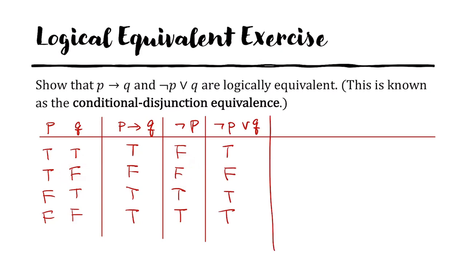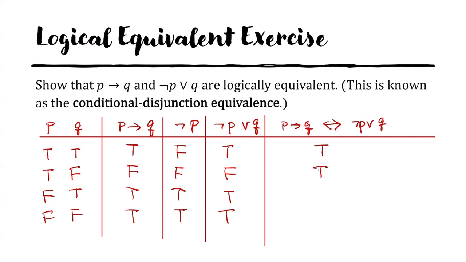Now, if you compare P implies Q if and only if not P or Q, if you compare their truth table, they are the same. You have they are both false, both true, both true.